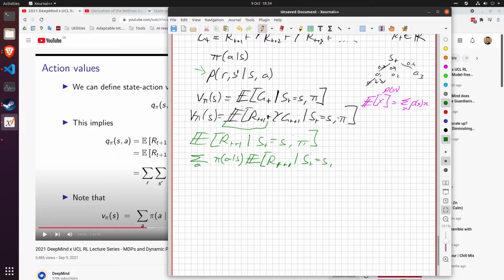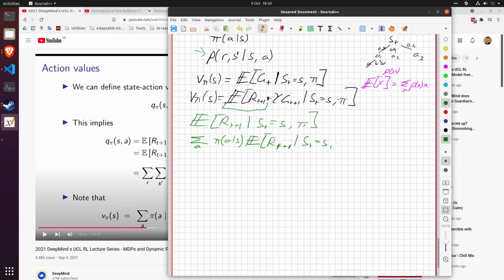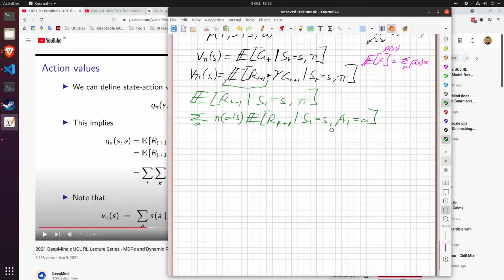But now we don't need to say that we just know about the policy. We also have pinned down a, right? Because we're going through each step in this series sum, and we can consider what a is for each step. So we can say that the action at time t is a. This is the crucial bit for me that I missed when I was looking at all these derivations.